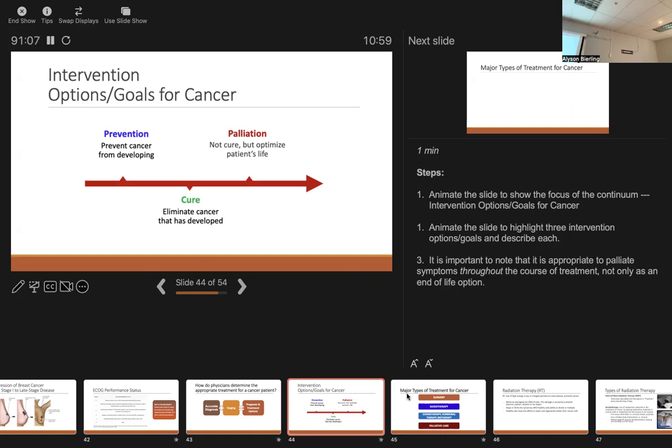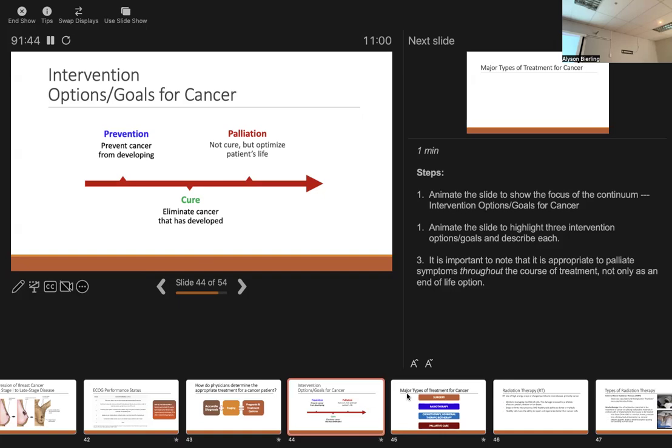So the goal is rather to palliate and optimize the patient's life. We might do that by providing chemotherapy or radiation that reduces the tumor burden. So we still might give chemotherapy or radiation, even surgery in some cases, with the goal of palliation, not with a hope of cure, but just to optimize the patient's life.